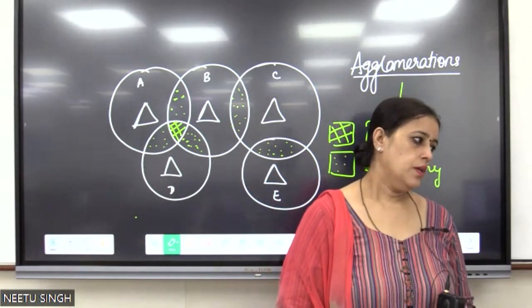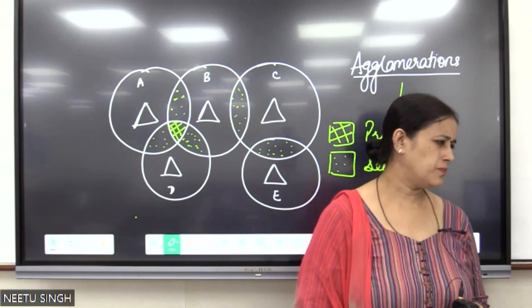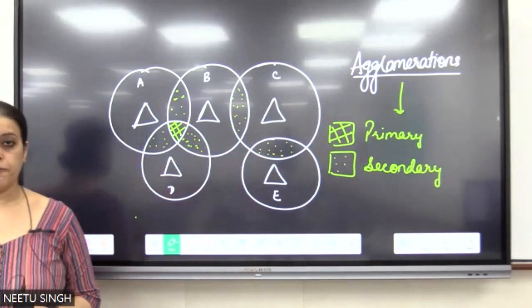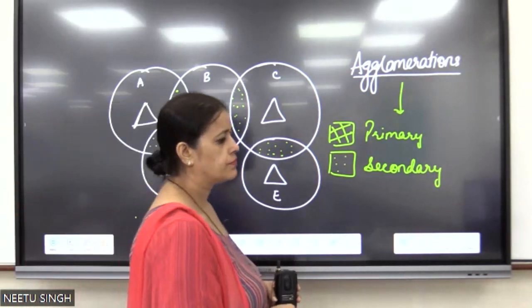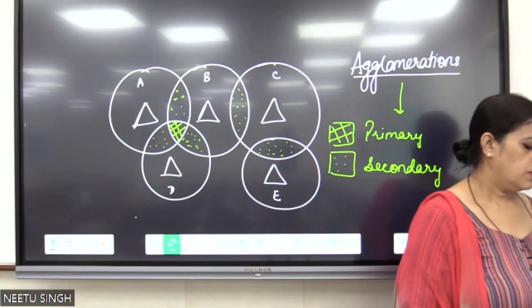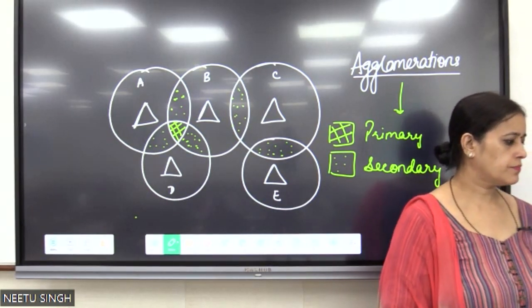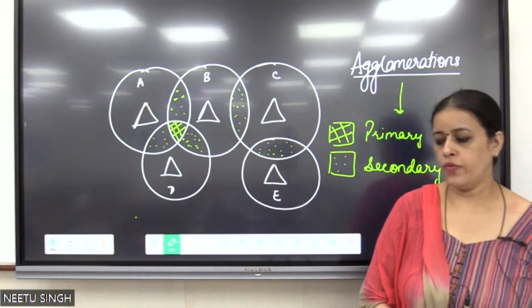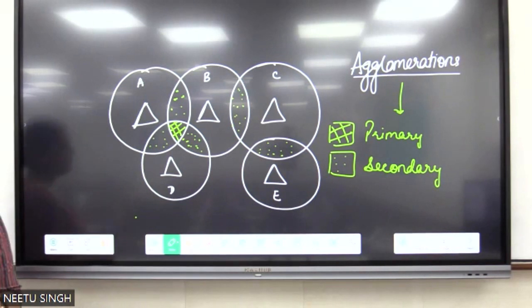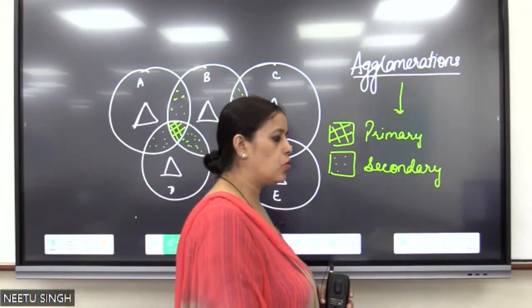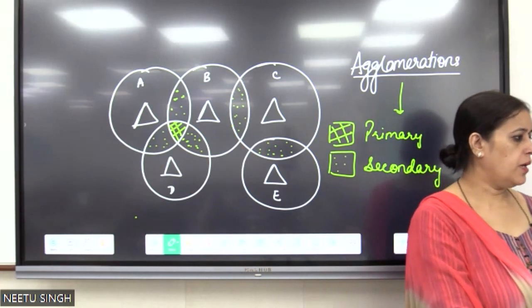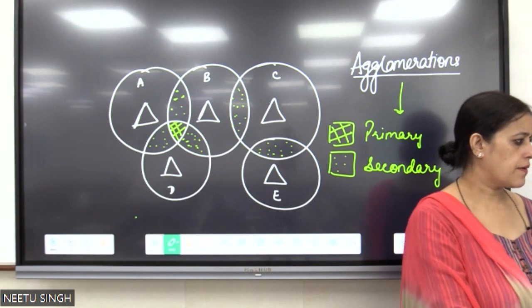Next, it is projected by Alfred Weber as overlapping of critical isodopanes of neighboring locational triangles.